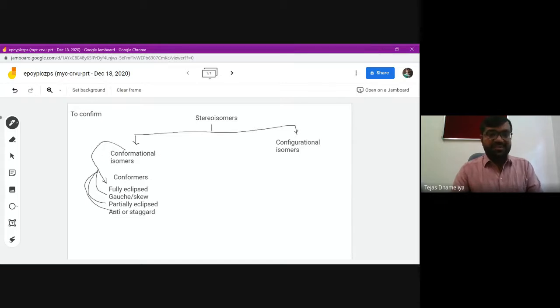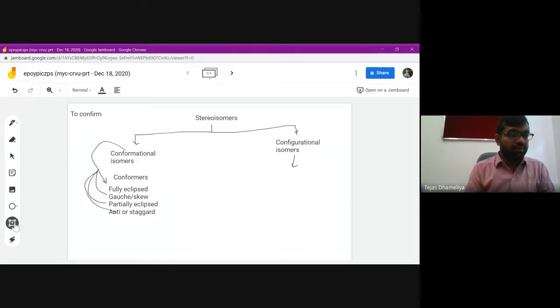Then configurational isomers. Let us discuss this first. Configurational isomers. So friends, these are the isomers which differ from each other with respect to their configurations. Fine. Here I actually forgot to discuss with you that these all are for acyclic compounds.